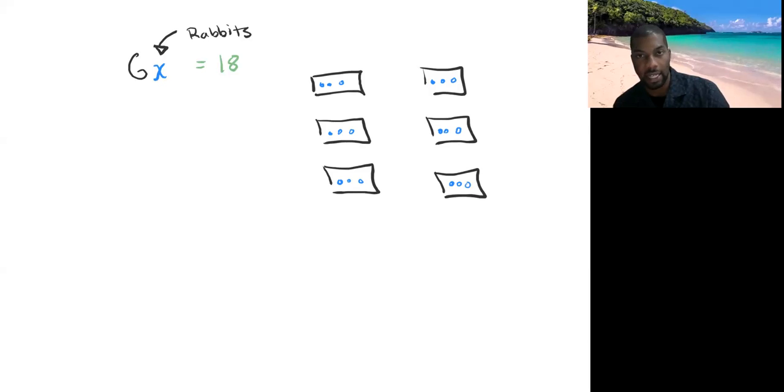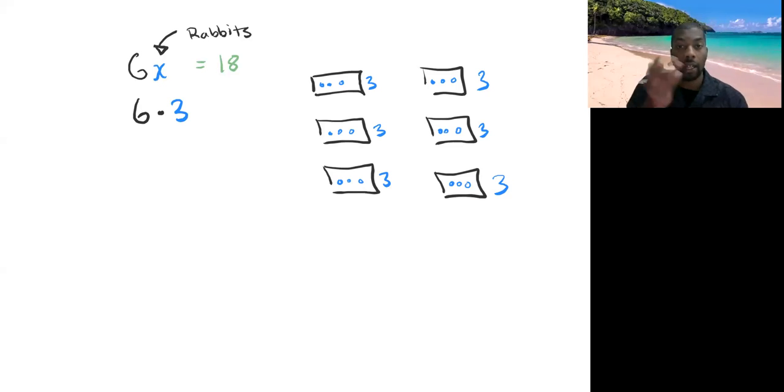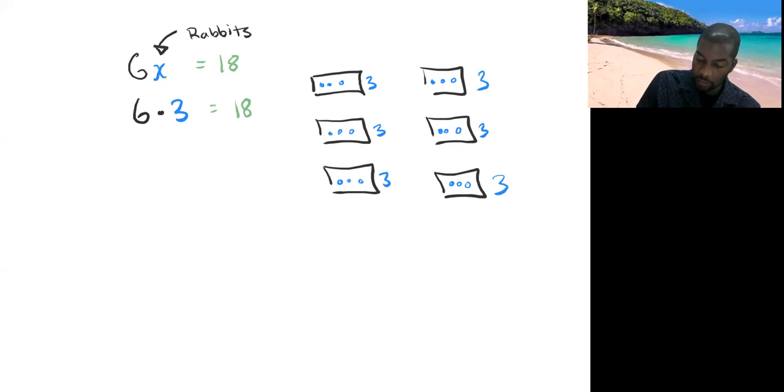We have reached 18. So 6 multiplied by how many equals 18? Well, it's 6 multiplied by 3 in each, right? There are 3 rabbits in each of the 6 boxes. So we can say that 6 times 3 is equal to 18.